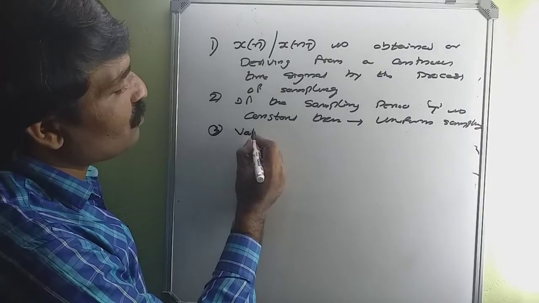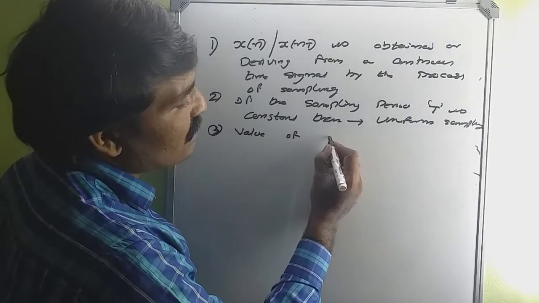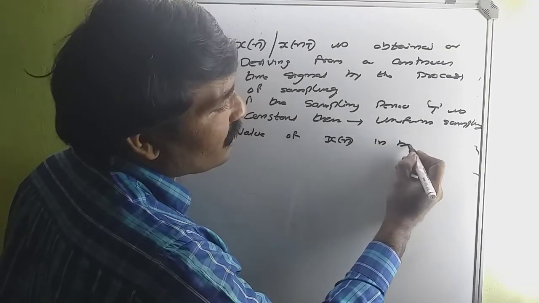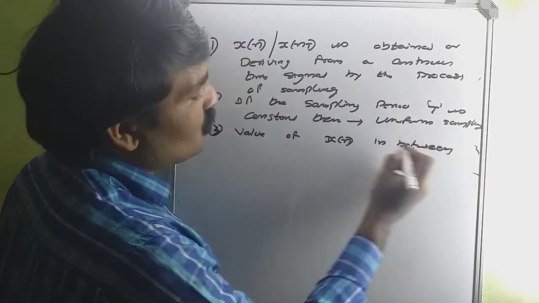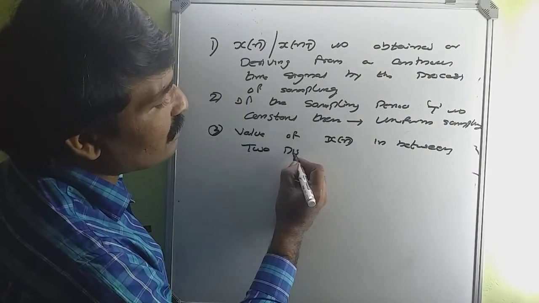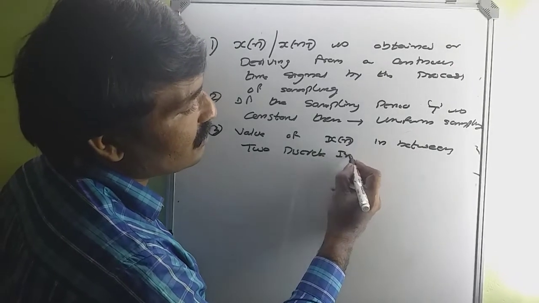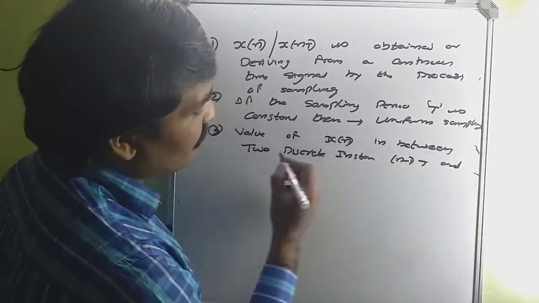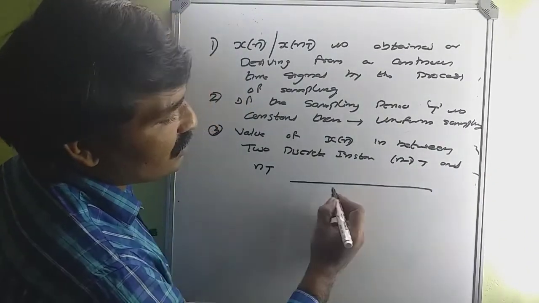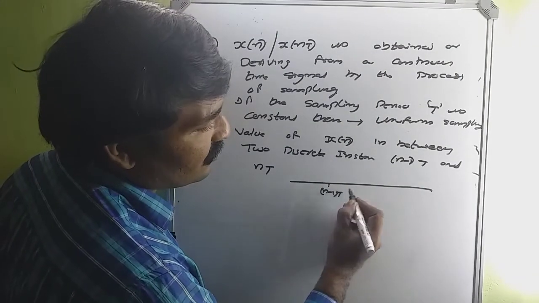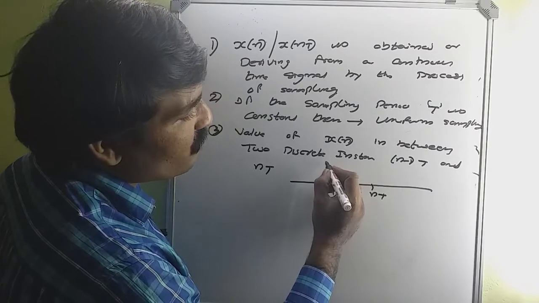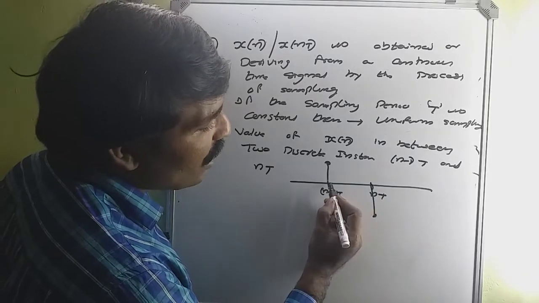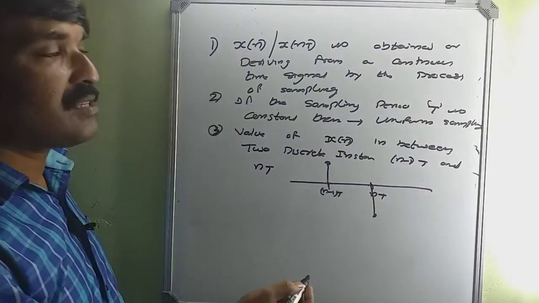Consider the value of the discrete time signal x of n in between two discrete instants, let's say (n minus 1)T and nT. For example, suppose the value of the signal at (n minus 1)T may be this and at nT may be this. So what is the value of the signal in between (n minus 1)T and nT?